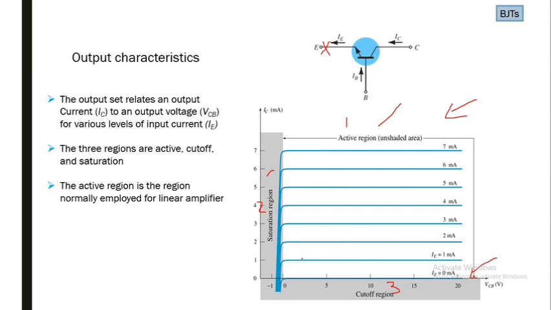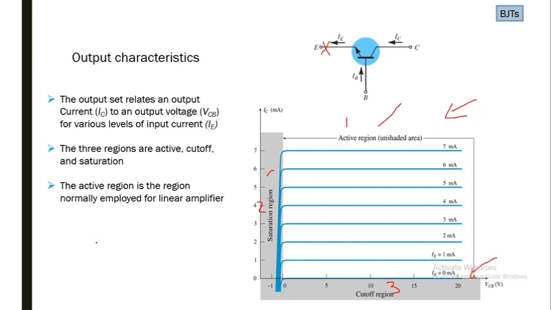Another thing you want to notice is that when IE is equal to 1 milliampere, IC is approximately 1 milliampere, and for IE equal to 2 milliampere, IC is 2 milliampere, and so on.